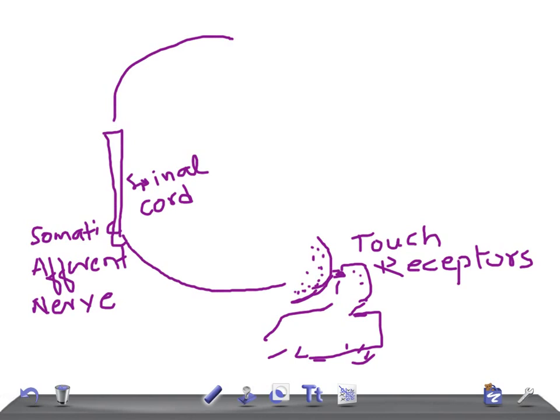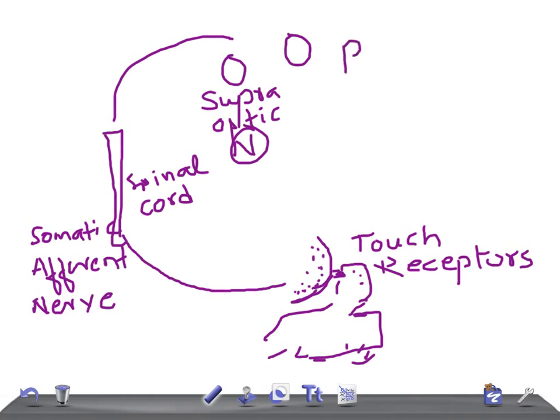You have to remember, one is the supraoptic nucleus, and the other is the paraventricular nucleus. Okay, guys, these two nuclei are present in the hypothalamus.